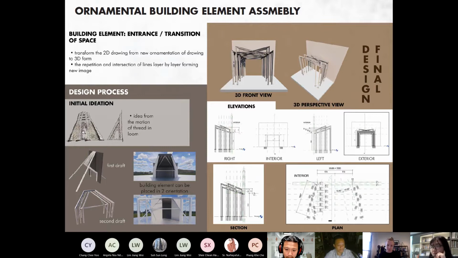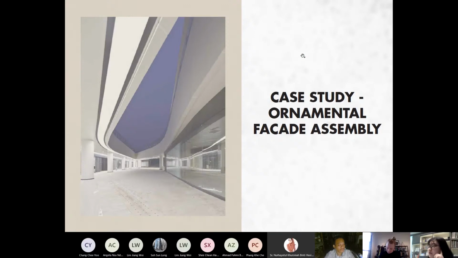I'm keen to make it an entrance kind of building element, one that attracts people to enter the building. So the final design is a repetition and intersection of lines. Yeah. Okay, coming to the next one.